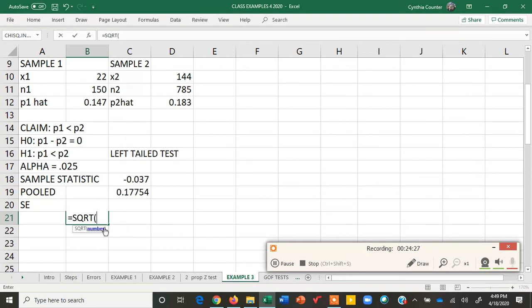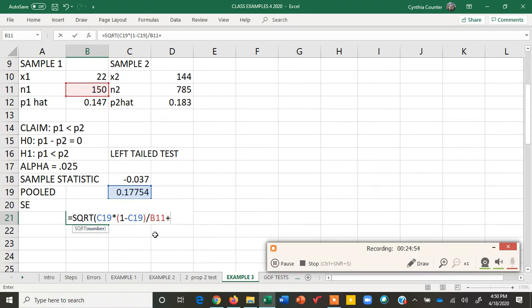But we want to compute the standard error as the square root of pooled times, open parenthesis, 1 minus pooled, close parenthesis, divided by the sample size of the first sample, plus, we do the whole thing again, but we divide with the second sample size.